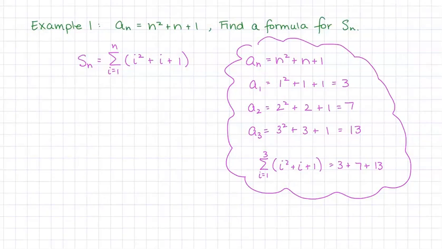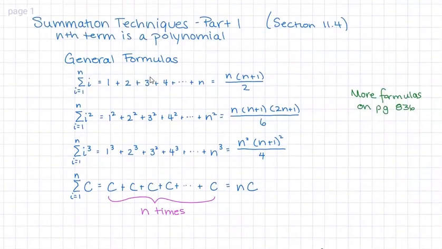Normally we don't have to show all this work. That was just to explain this first example. So I'm just going to put it off to a cloud and leave it there. Let's look at how we actually do this. What you're going to want to do with this guy right here is break it up. We can see something that resembles these formulas. We have an i squared in there, we have an i, we have a constant, but these are separate summation formulas.